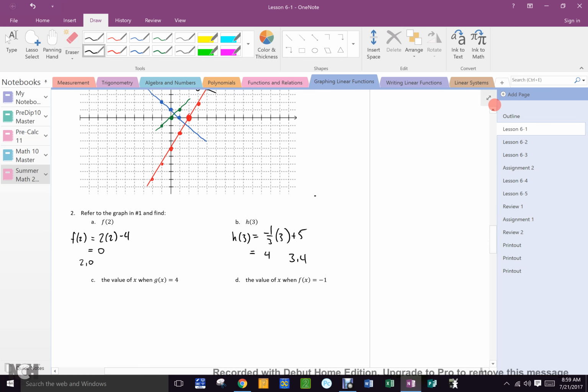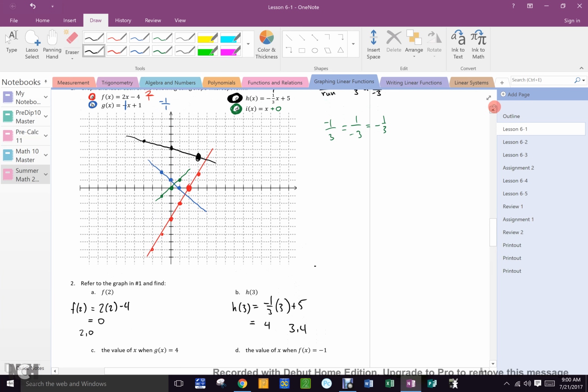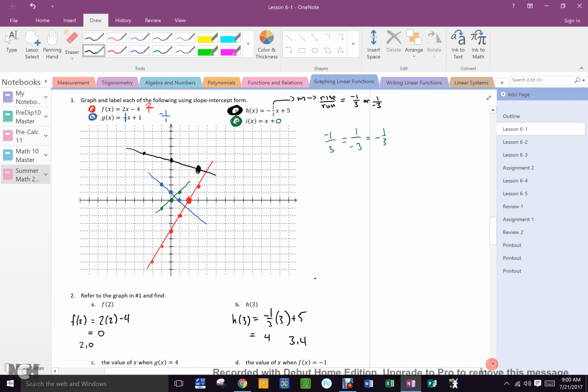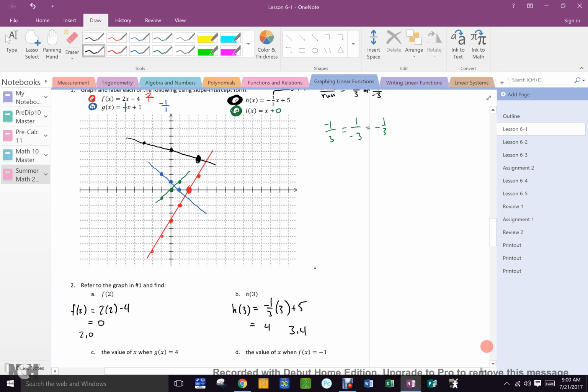What's different in C and D? Look closely. Think about your test that you are writing later on today. What's different in C and D? You're looking for the X value this time because you've been given the output value, right?